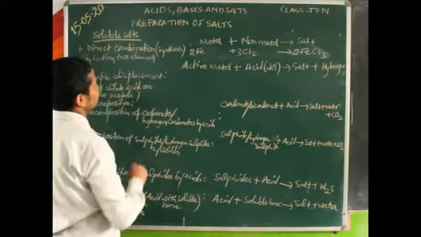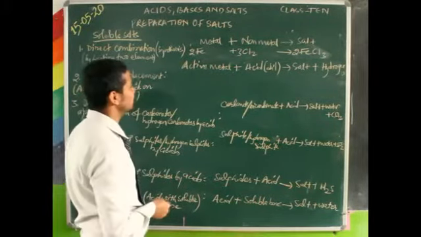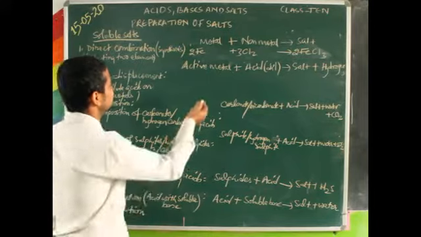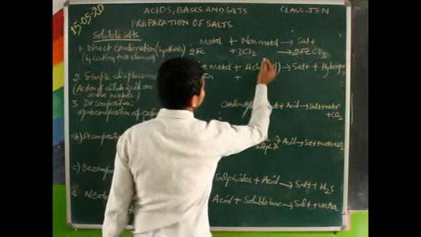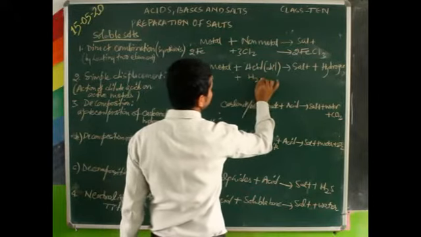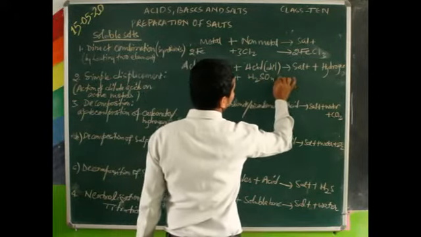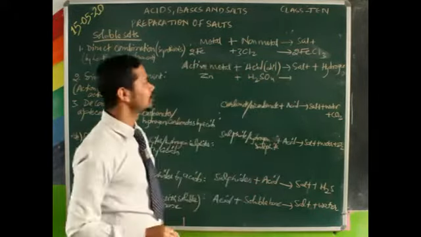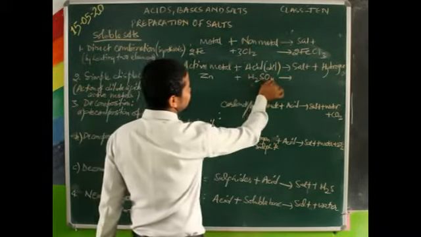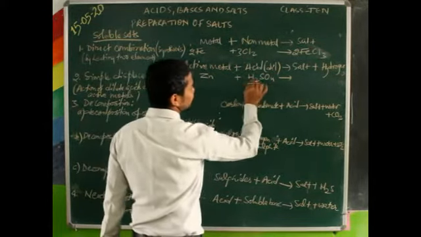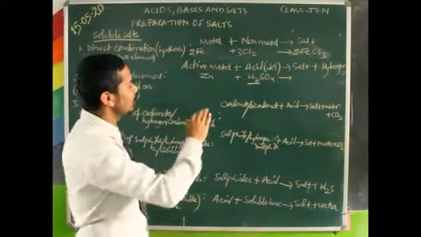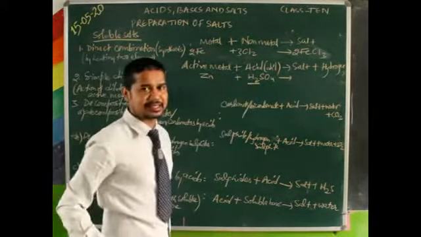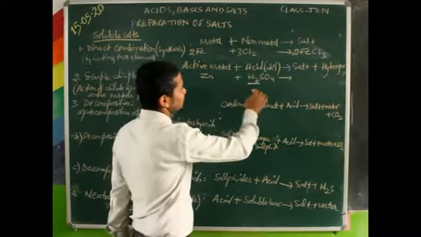So simple displacement. For example, any active metal, then hydrogen. Say for example, zinc plus dilute acid, let's take sulfuric acid. Then what will you get? The two hydrogen atoms of the acid, H2, will be displaced by zinc. So what is left here?